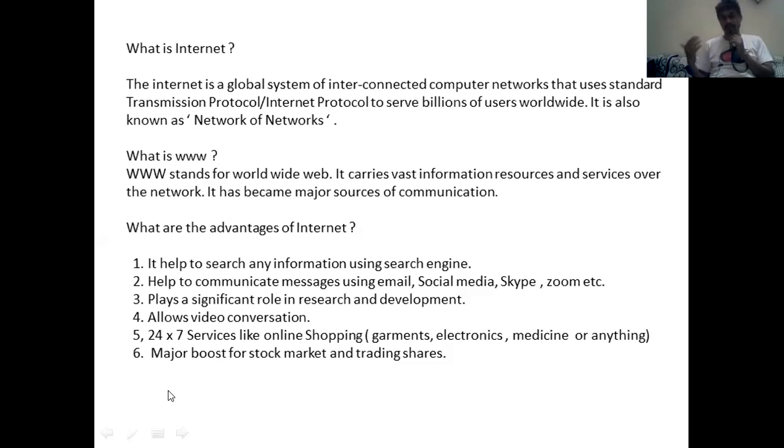In the share markets, whatever information is there is updated live to all the customers who are included in the trading market, and they can share their information. So it is very important that we are using the internet. These are the various important uses for you.